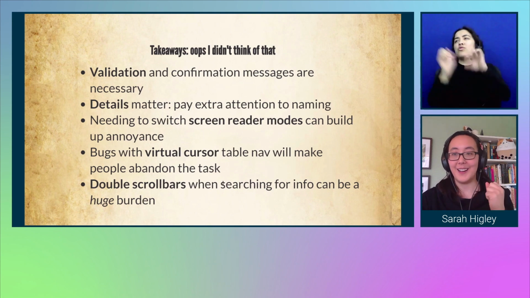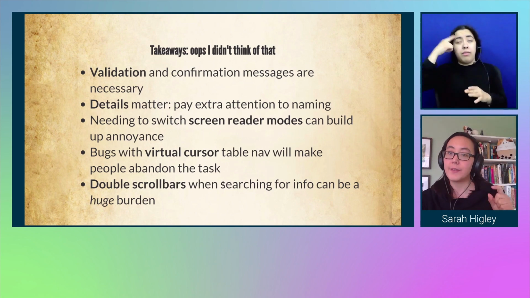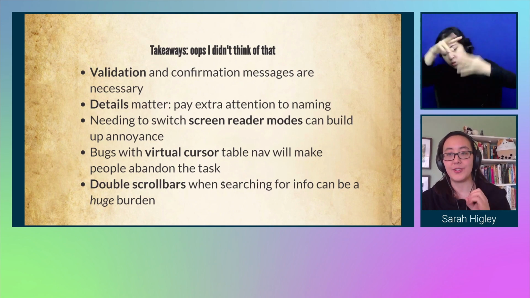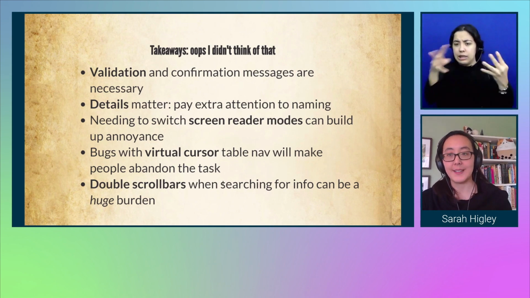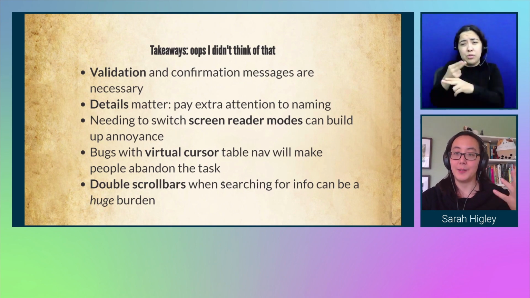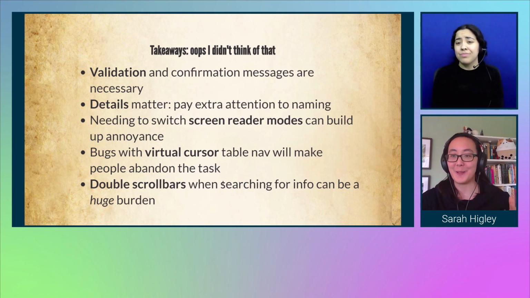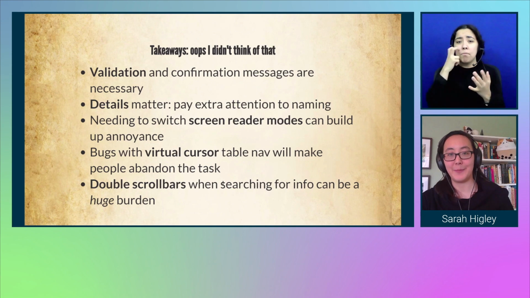And something I hadn't been thinking about is needing to scroll a lot to find information within a table, especially in 2 dimensions, was a lot to ask of somebody using a mobility assistance device in general. So lots of blind spots there, and that's why getting the feedback was so important.